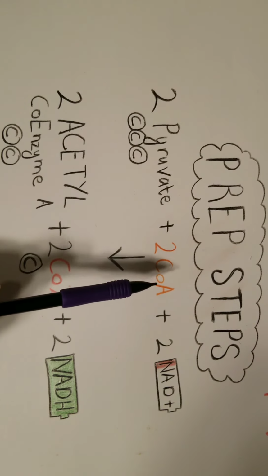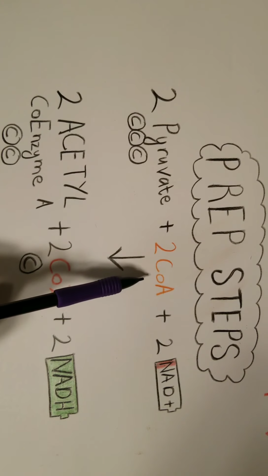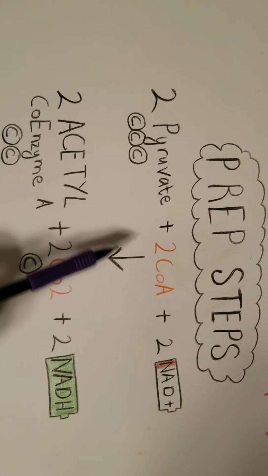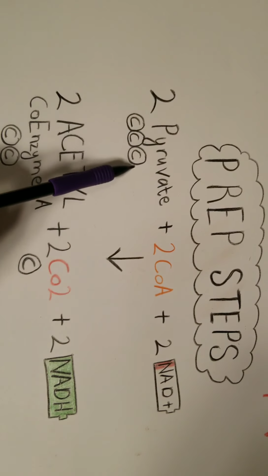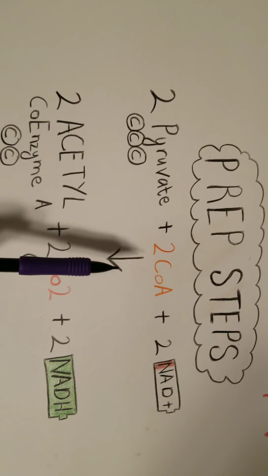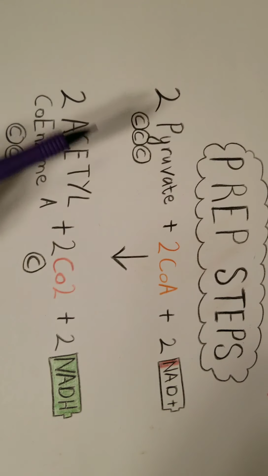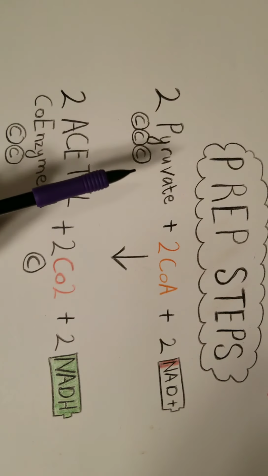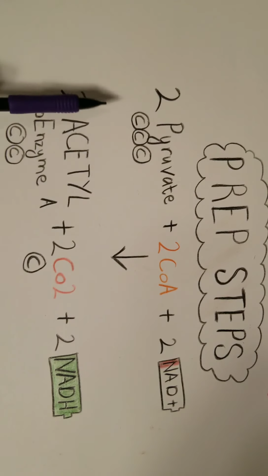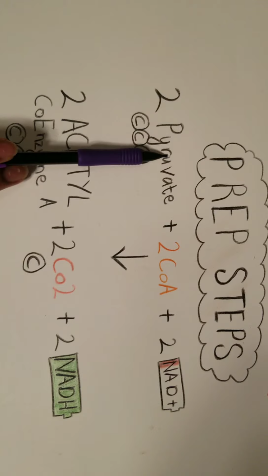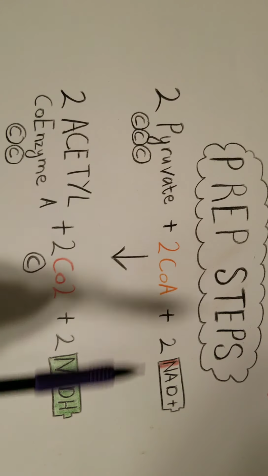And then you're going to have 2 coenzymes A, so I just abbreviated it right here. The 2 coenzymes A are going to attach to the 2 carbon molecule, but wait, there aren't 2 carbon, it's 3, right? So basically when the coenzyme A attaches to the pyruvate, one of the 3 carbons falls off.